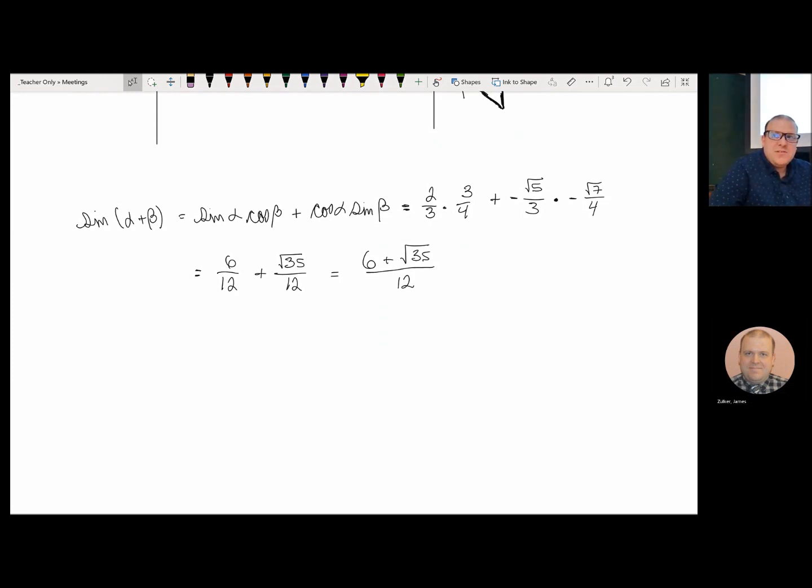Root 35 can't be negative. Oh. Why not? What's the square root of 4? Positive or negative 2? Okay, it's just default positive. Yes. When you take the square root, it's always the positive square root.